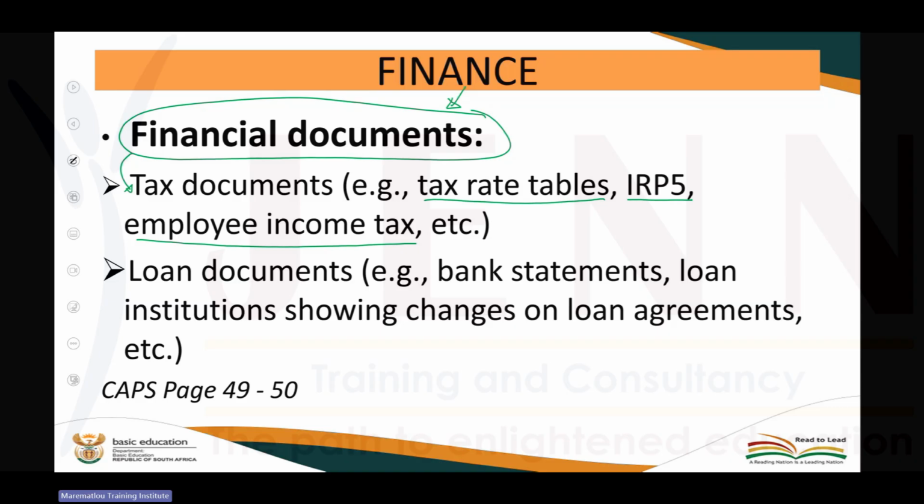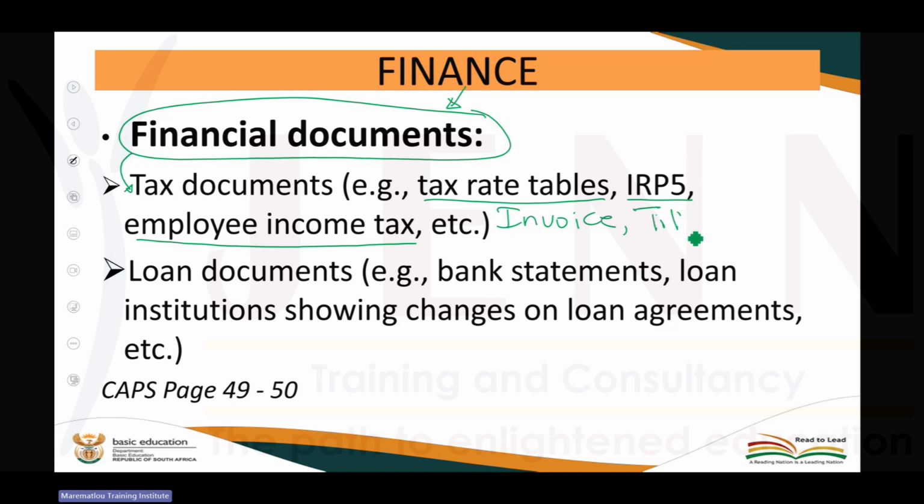We can have some other financial documents, like which one? Anyone? Yes, you are right. Invoice. Invoice can be one of the financial documents. What else? Thank you very much.